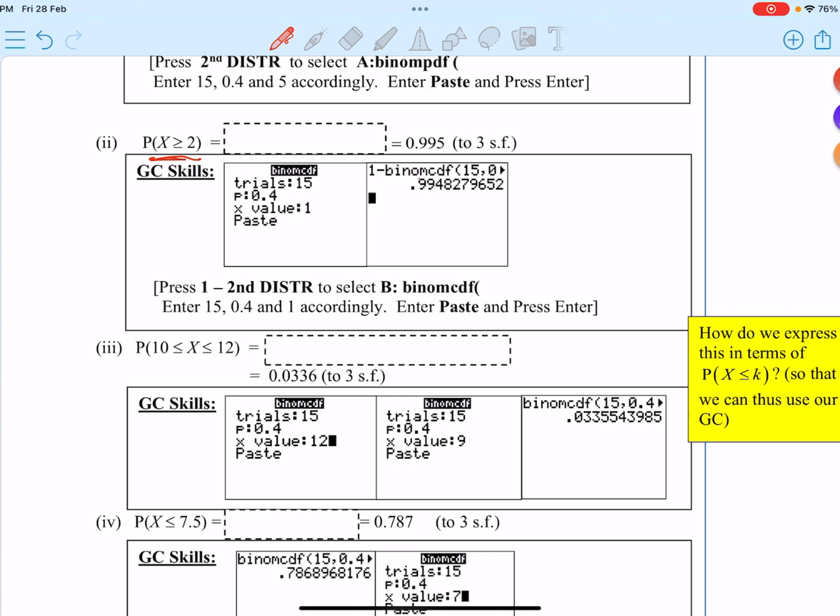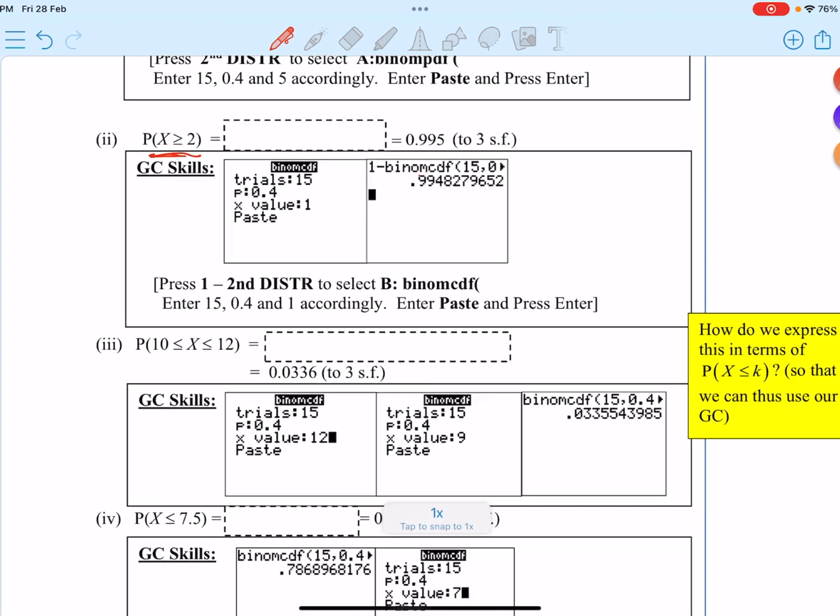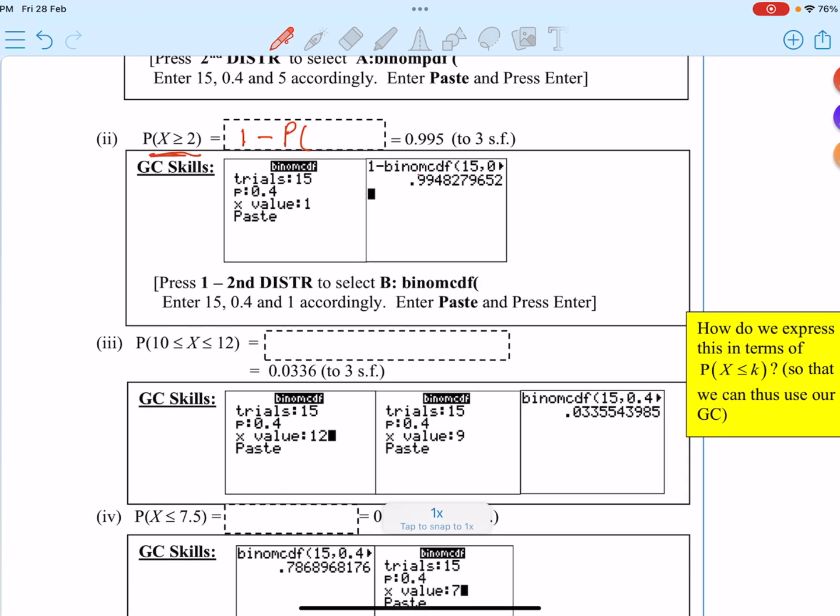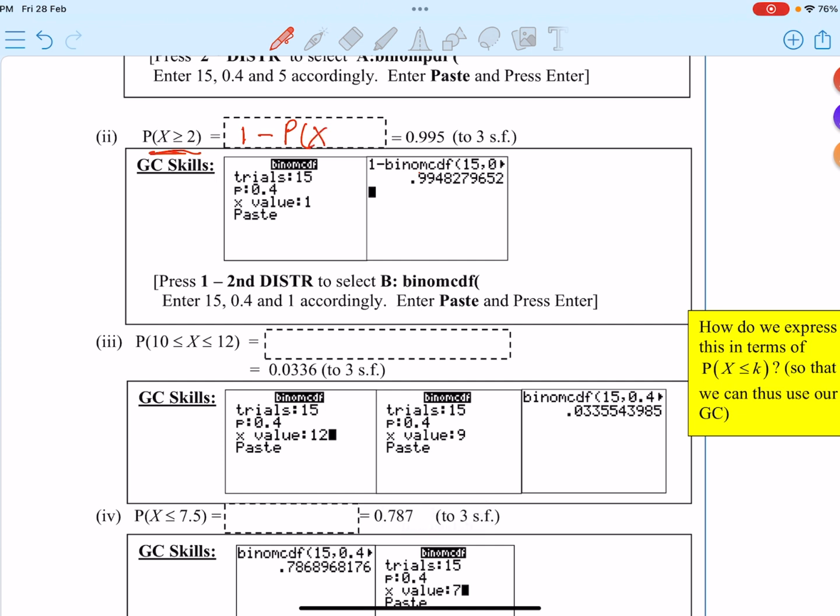For you to do that, we will take 1 minus the complement. If my X is greater than or equal to 2, what is the complement of that? It will be X less than or equal to 1.